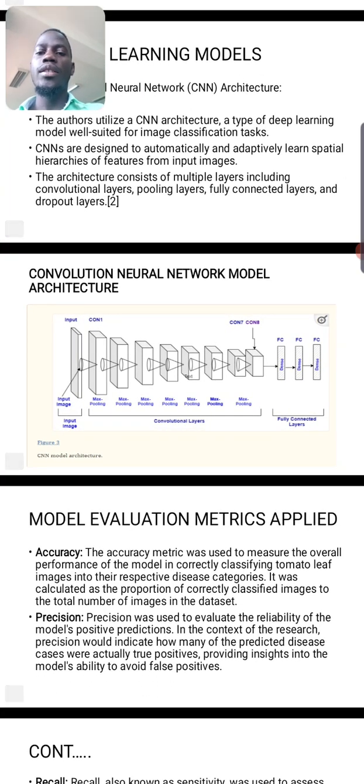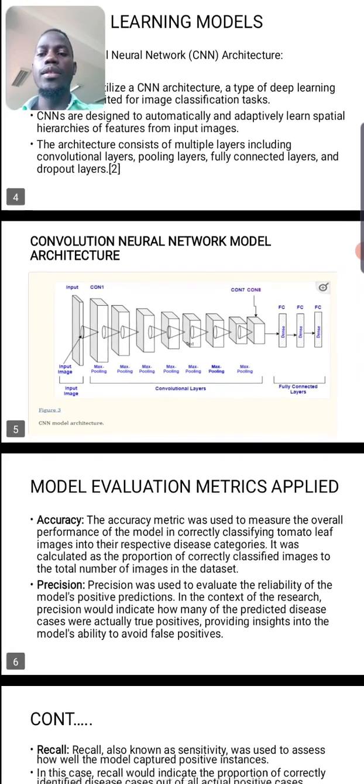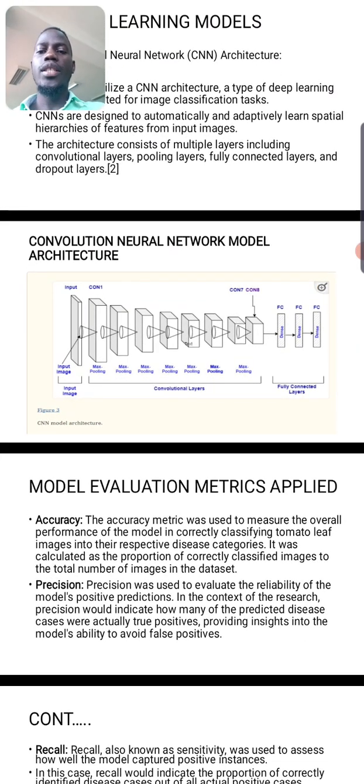It is designed to automatically and adaptively learn spatial hierarchies of features from input images. This architecture consisted of multiple layers including convolutional layers, pooling layers, fully connected layers, and dropout layers.